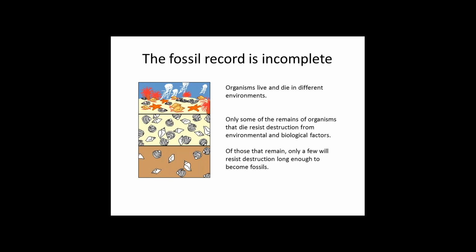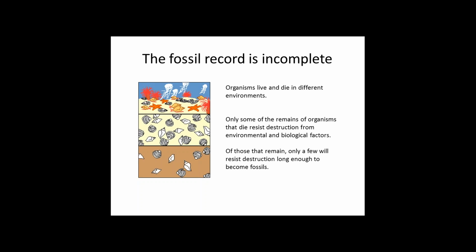Cool. So the next topic we're talking about is how the fossil record is incomplete. Yeah, so basically organisms, they live and die in different environments. We know that. However, only some of the remains of organisms that die resist destruction from environmental and biological factors. So we kind of talked about that with the 4 different fossil environments. And within those that remain, only a few will resist destruction long enough to become fossils.